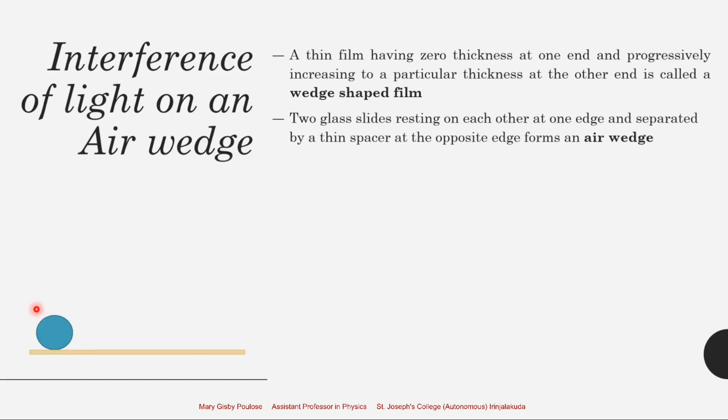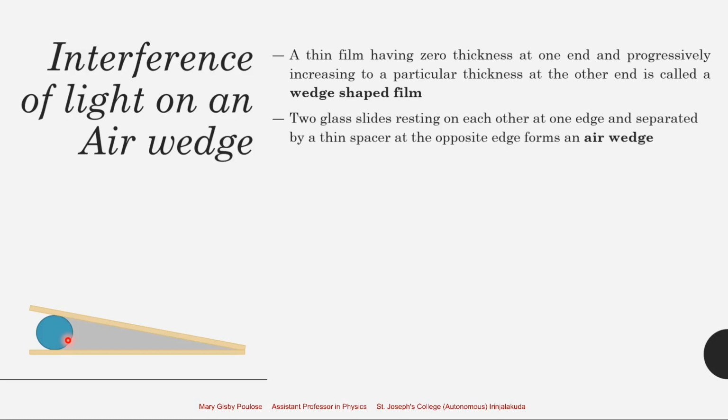It creates a space. Now if we place another glass slide on top of it, we form a wedge shape. And the space created between the glass slides has the medium of air, hence this is called an air wedge.